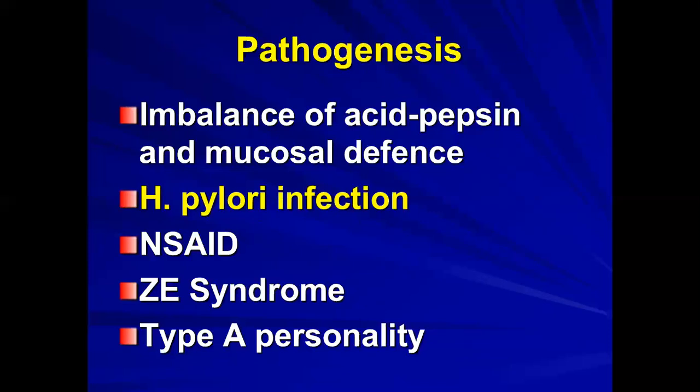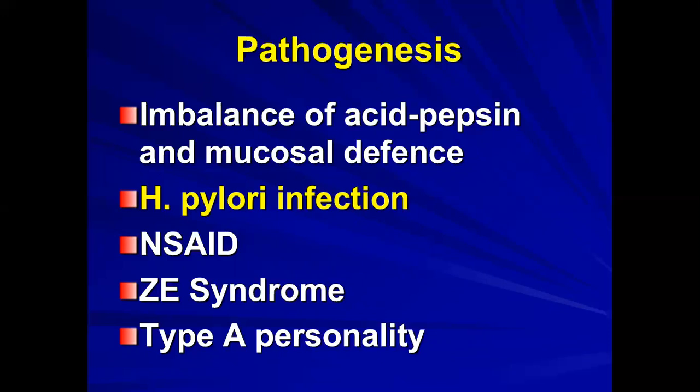Pathogenesis is an imbalance of acid, pepsin and mucosal defense, which leads to the ulcer. H. pylori infection is the most common infection worldwide which leads to the ulcer. NSAIDs are commonly used for rheumatological conditions and joint pains, and overuse of NSAIDs over a prolonged period of time can lead to gastric and duodenal ulcers and gastritis.